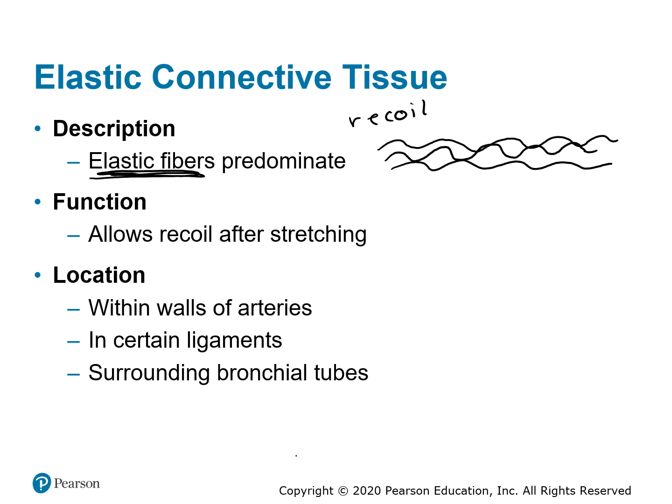You'll find those mainly in walls of arteries, in some of the ligaments, and surrounding your bronchial tubes. You need that connective tissue to expand and contract while you breathe so that your lungs can fill up and take up space. So you need that elastic connective tissue to stretch and recoil properly.